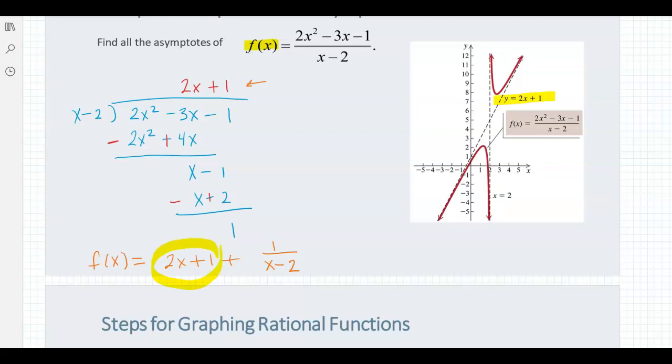So this line that's been graphed is y equals 2x plus 1. The y-intercept is 1, I can see that here, and the slope is equal to 2, right? So they graph that. They also have an asymptote at x equals 2 because of the denominator. We see that here. And then plugging in a couple points to figure out where the graph sits, we can get this picture of the graph.